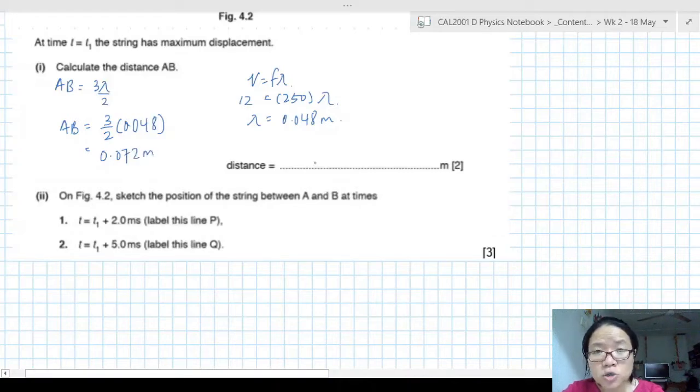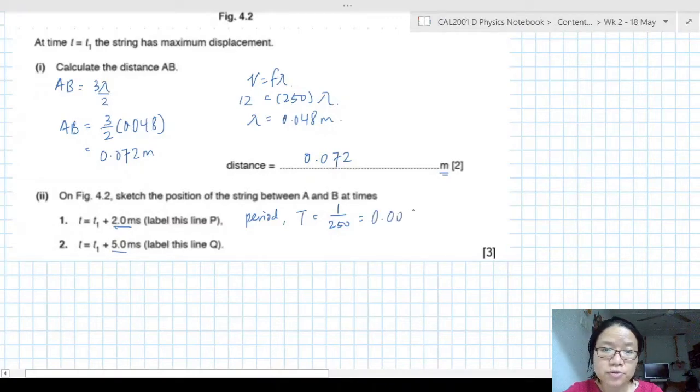Okay, so note that the wave that they drew for you just now is at t equal to t1. Now they want you to draw 2 milliseconds after that and 5 milliseconds after that. Well, first order of business, I need to know what the period is, meaning how many cycles is 2 and 5 milliseconds. So by calculating the period, I will find that this is 4 milliseconds.